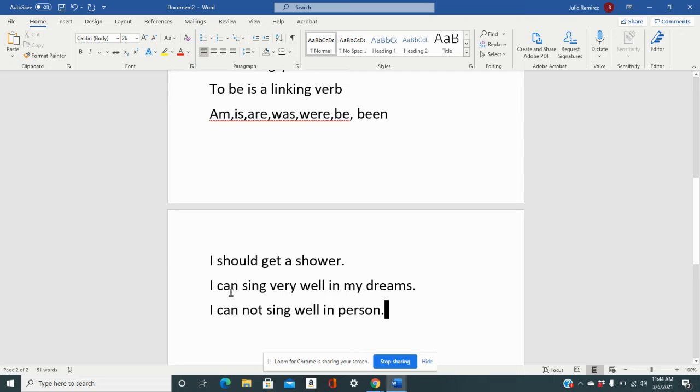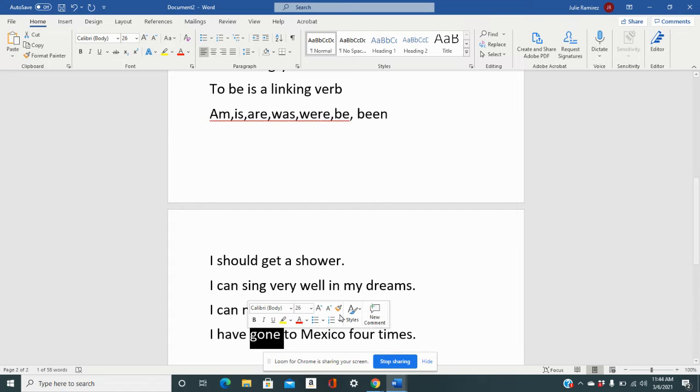Okay, so even when we use have, I have gone to Mexico 4 times. Okay, so gone is my action verb.